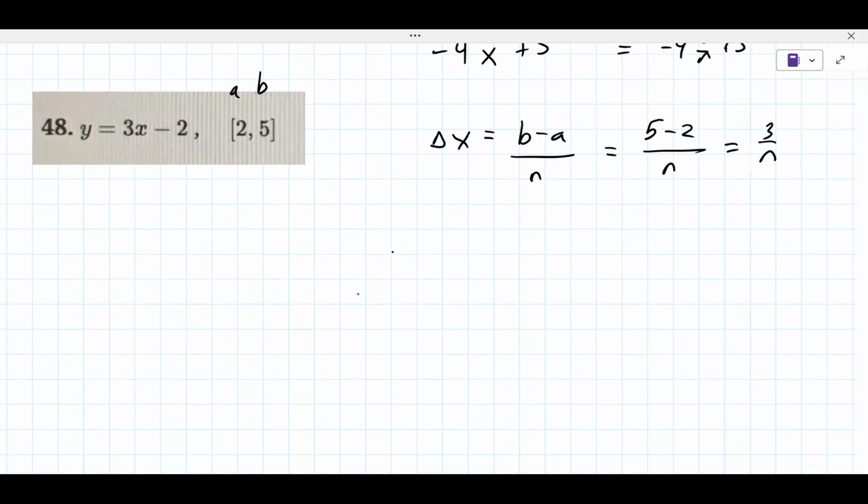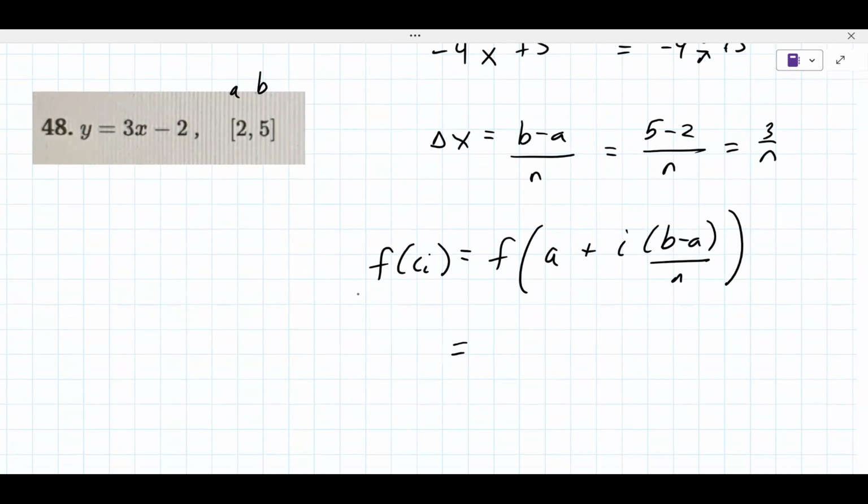Then f of c_i is f of a plus i times (b minus a) over n. So it's f of 2 plus i times 3 over n.